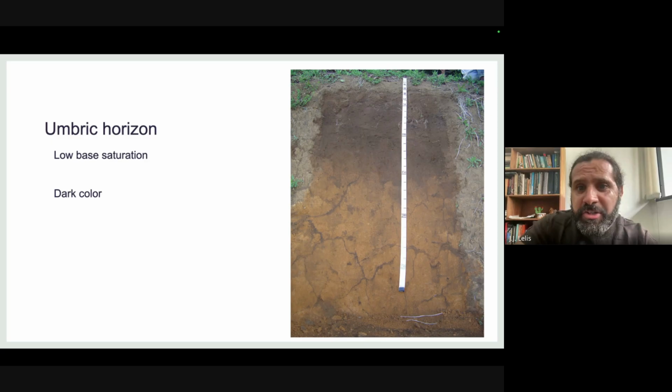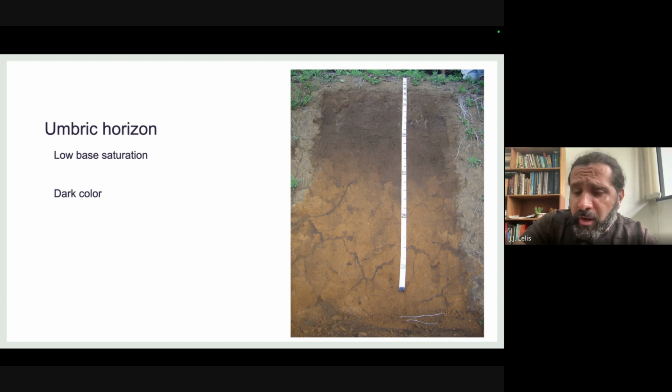This high exchangeable calcium content could create some interaction with the organic matter, and this reduces the microbiological activity. This is quite common, as I said, in soils that are formed from weathering of limestones and other calcium-rich rocks, and also they are more common in conditions that induce less weathering and less leaching, such as dry climate conditions.